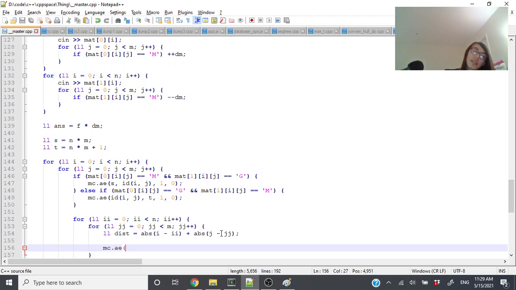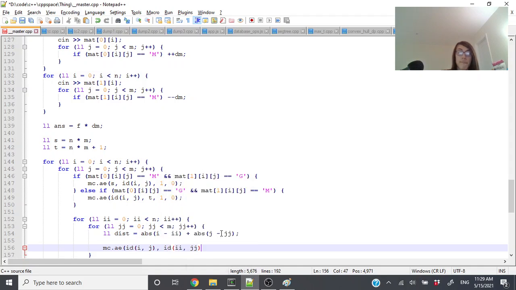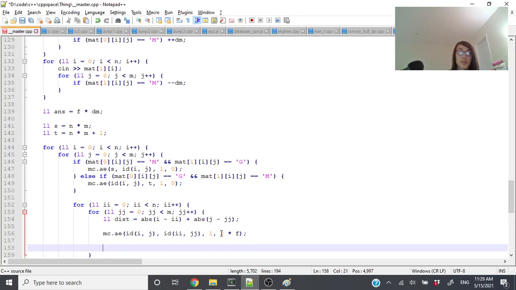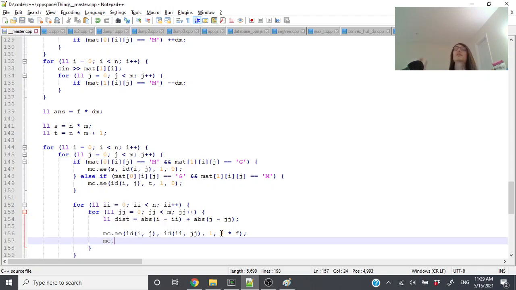No, wait, so yeah, if they're different, we can flip both of them, and that'll be fine. So it'll be 1, and then the cost is 2 times f, so we can flip both of them. We can swap intermediate cells until we get to that one.